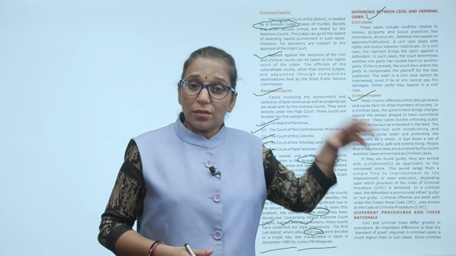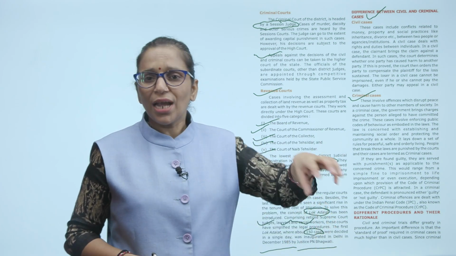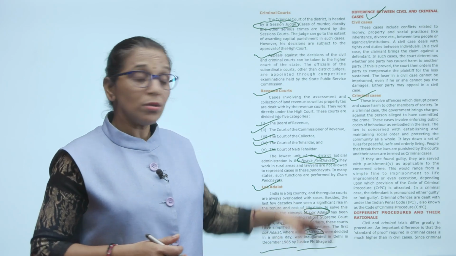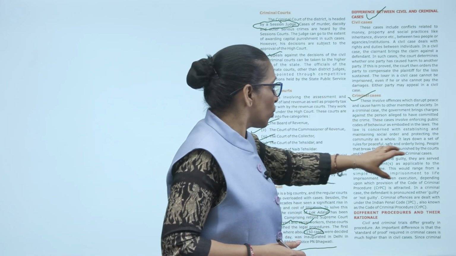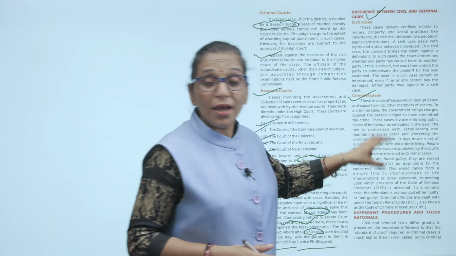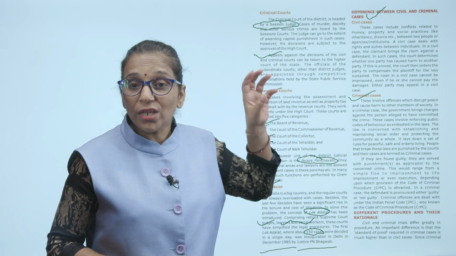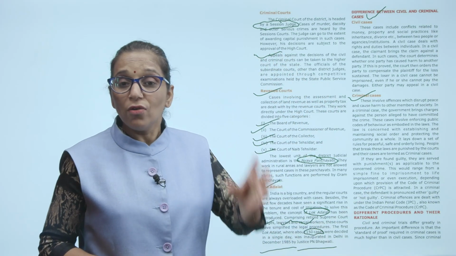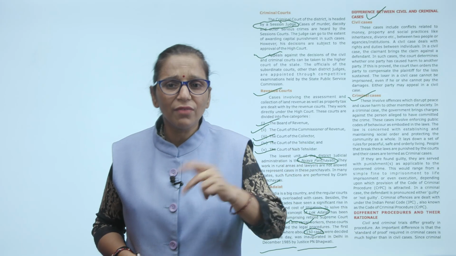The law is concerned with establishing and maintaining social order and protecting the community as a whole. When criminal cases are heard, they have a responsibility to secure and protect the community. So it lays down a set of rules for peaceful, safe and orderly living.